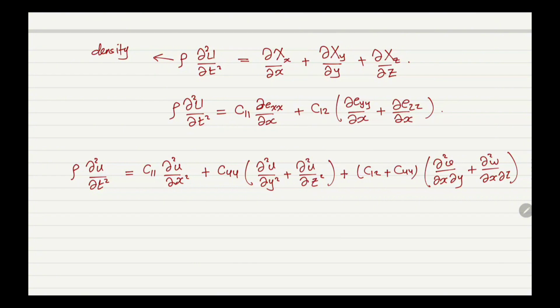And this is actually the equation of motion. In such a way, u, v, and w are the components of the displacement.